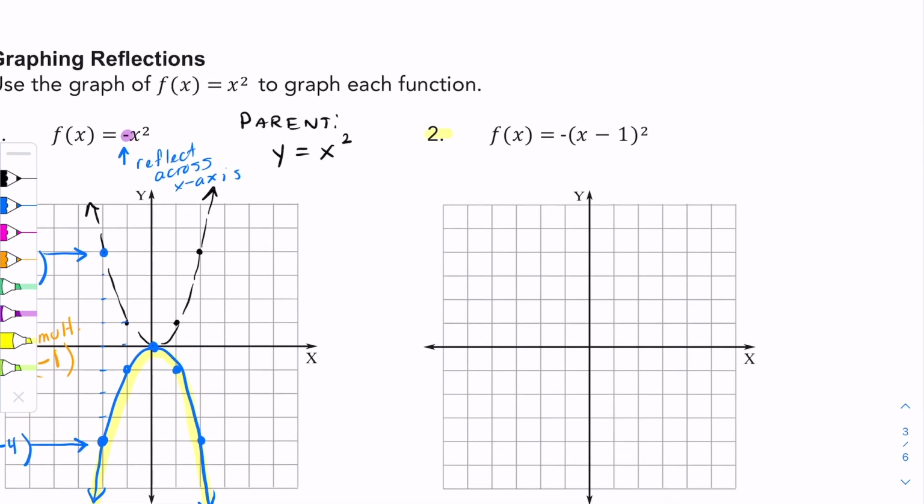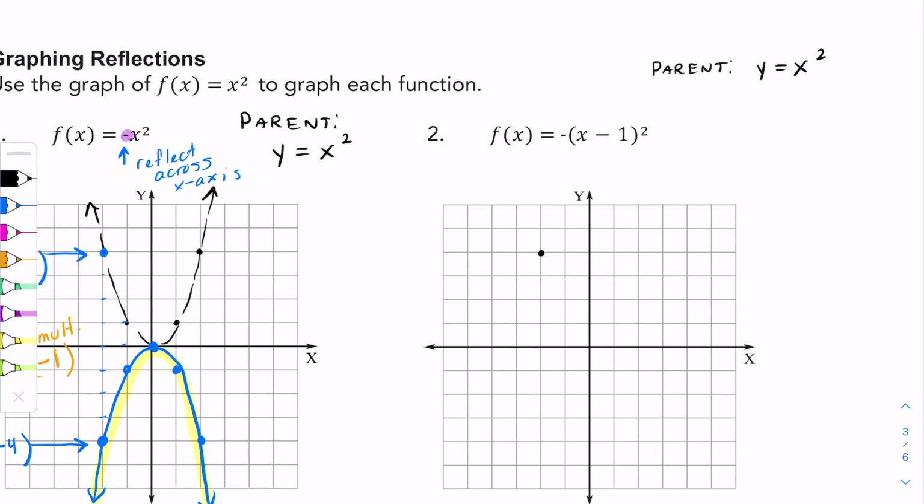Number 2, we have f of x is equal to negative times (x minus 1) squared. We have the parent graph of y equals x squared, which is the quadratic function again.